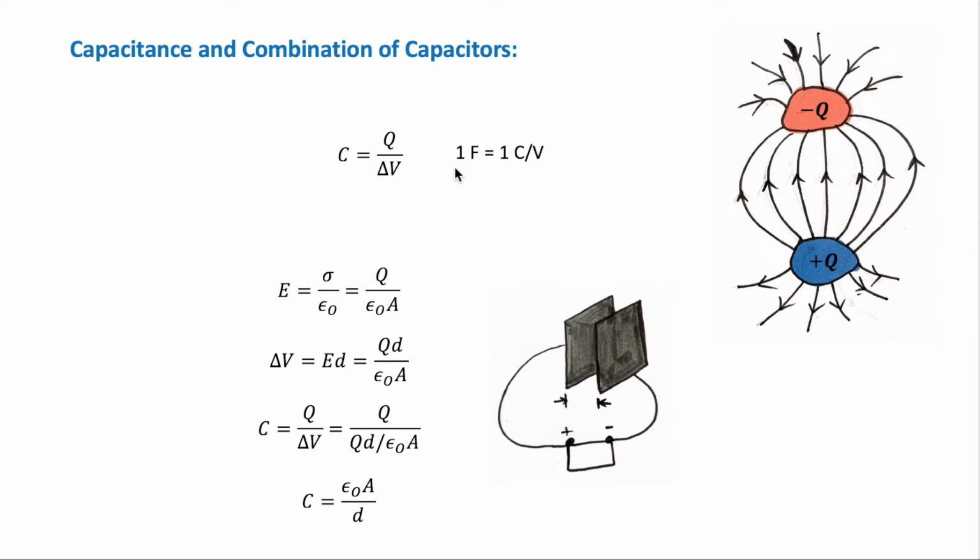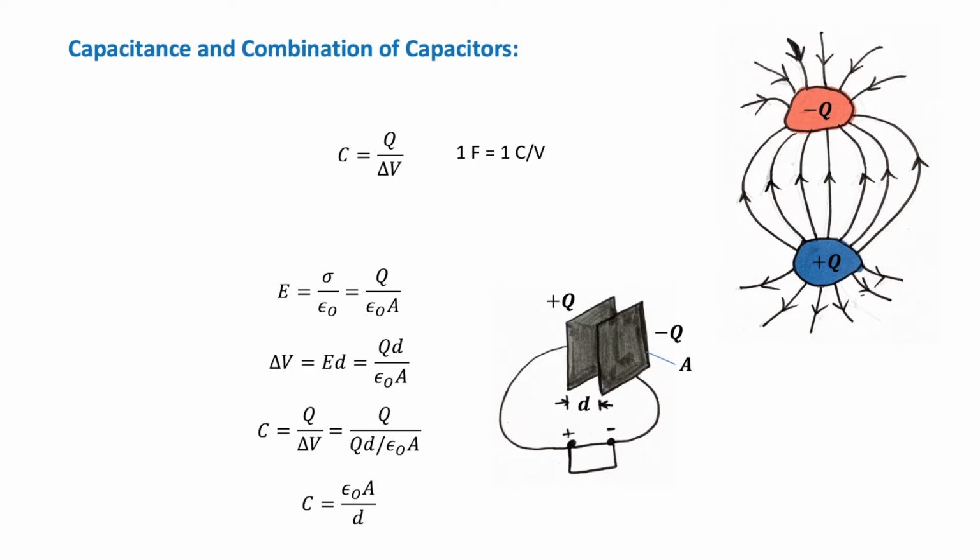The SI unit is the farad, so 1 farad is 1 coulomb per volt. In devices, capacitance usually has a range of values in the picofarads or microfarads. And we will see now that capacitance depends on the geometrical configuration of the conductors.